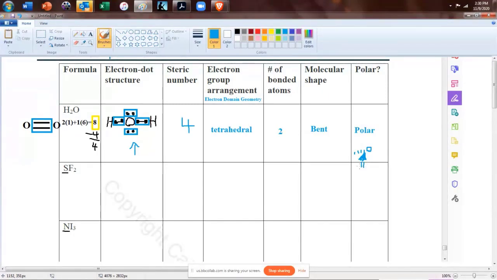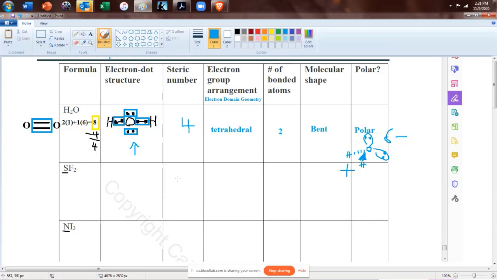This is hydrogen here, the hydrogen here, and then you have a group of electrons coming up like this, and a group of electrons going over like this. And so the electrons are more on one side than they are the other. This is going to give you definitely a partial negative. It's going to be more negative over here, and it's going to be more positive over on the side with the hydrogen.